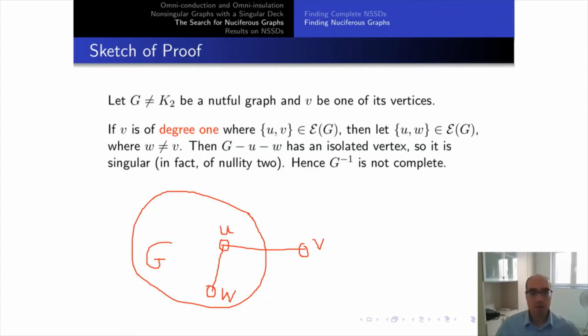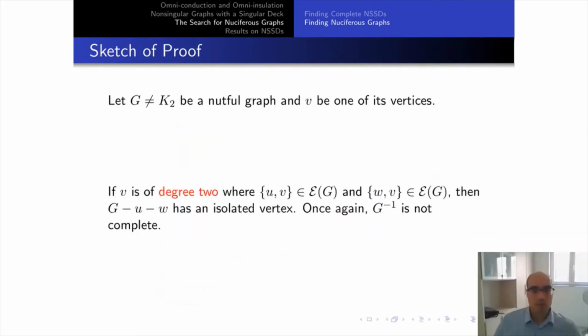Now, suppose we delete vertices U and W from G. The resulting graph G minus U minus W will have this part here, and then it will also have this isolated vertex. This means that it cannot have nullity 0, so it must be of nullity 2. But when that is the case, the inverse will have a non-edge between U and W, which means that the inverse is not complete, and hence the original NSSD G is not nut-full.